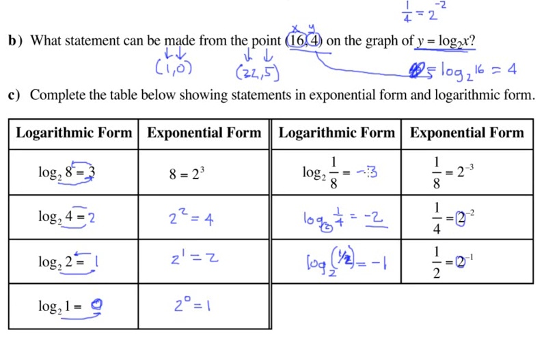So the base always stays in the same place, and the other two numbers trade sides. That's the way I used to remember it. And you should be able to look at these expressions afterwards and say, this means, like here, 2 to the 2 makes 4. And on this side, this is saying 2 to what power would make 1/4? The answer is minus 2. So the exponential and logarithmic form are saying the same thing, just coming at it from different directions.